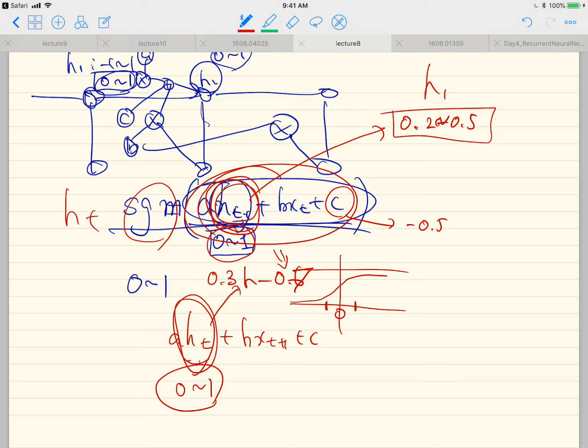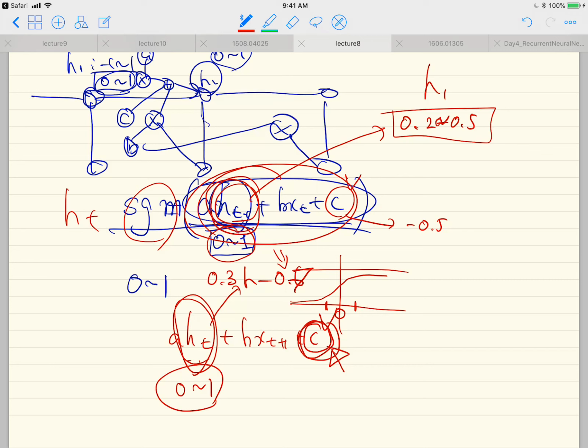So in that case, we may need different bias values at different time steps. But because we are using a recurrent neural net that shares all these parameters, we cannot have different biases as we need across different time steps. We have to use the same value of this bias, right?